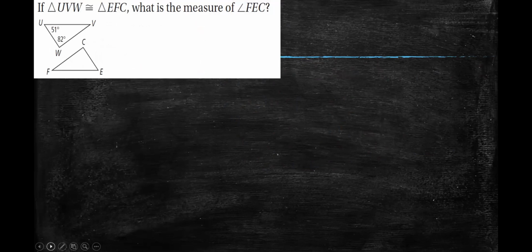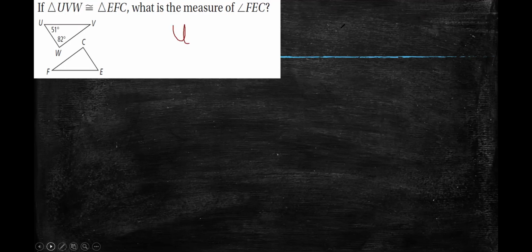Now, in the triangle UVW, if the triangle UVW is congruent with EFC, what is the measure of the angle FEC? For these questions here, the first step, I want you to write the letters in the same order.